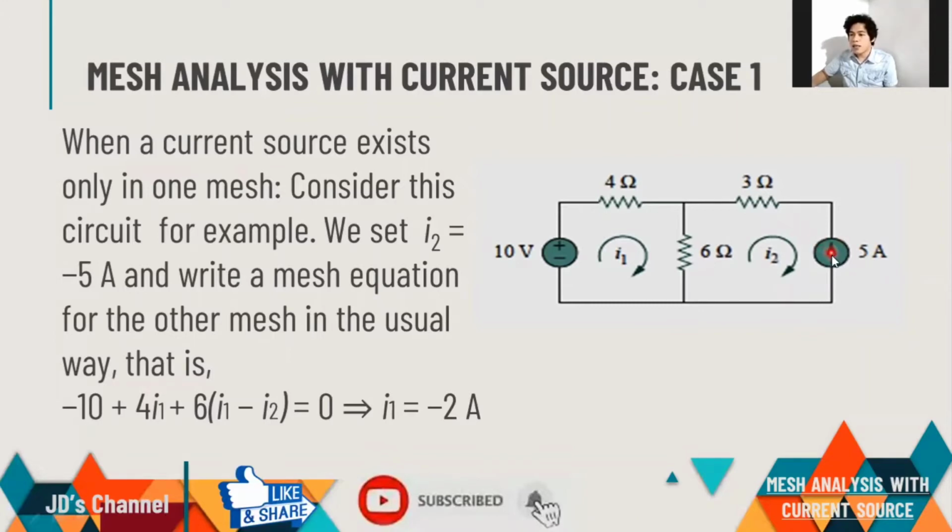So mangyayari dito, magiging negative ang value ng ating I2. Since may value na ito, negative 5. Kaya siya ay naging negative 5.